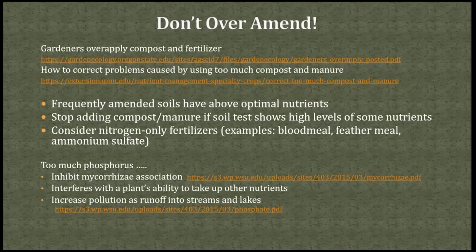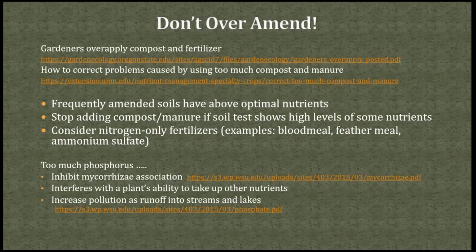Now you may be wondering, well, what's the big deal if the soil is too rich? Well, I'm just going to pick on phosphorus for a minute. If the soil has too high levels of phosphorus, number one, it will inhibit mycorrhizae association, because you see, phosphorus specializes in getting water and not getting water, mycorrhizae specializes in getting phosphorus.